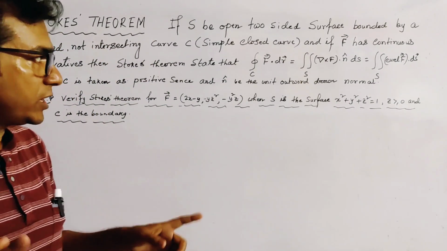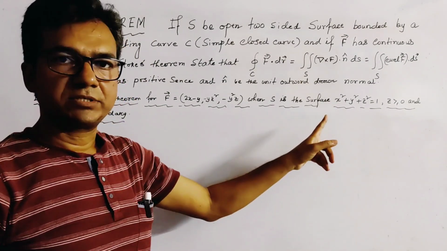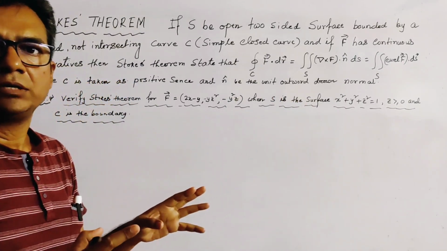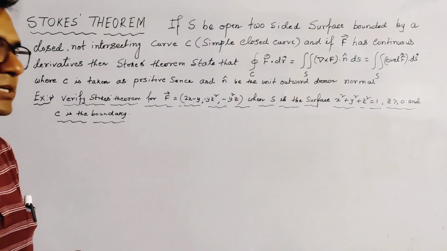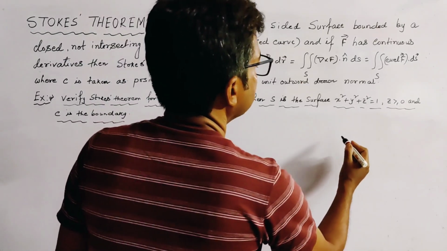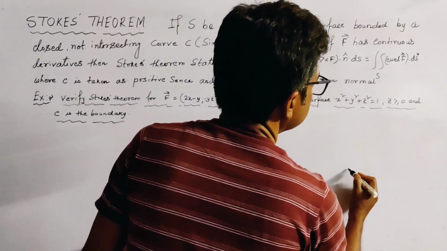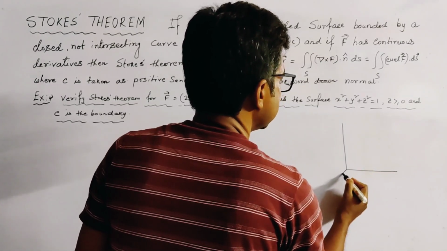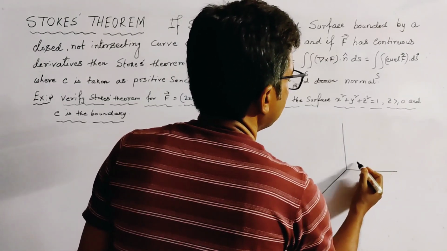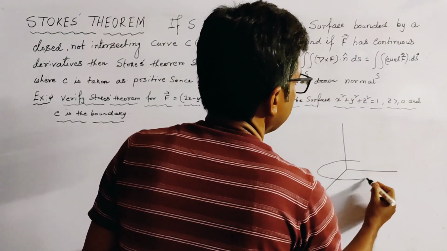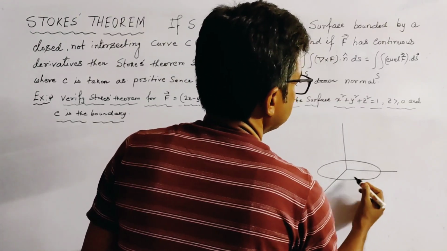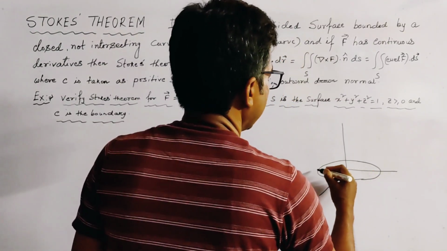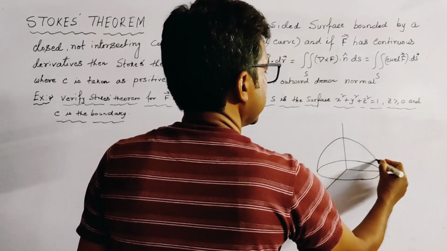We draw a rough sketch of the given surface and the given curve C. This is taken as the x-axis, this is the z-axis, and this is the y-axis. This is the base of the hemisphere and this is the hemisphere.